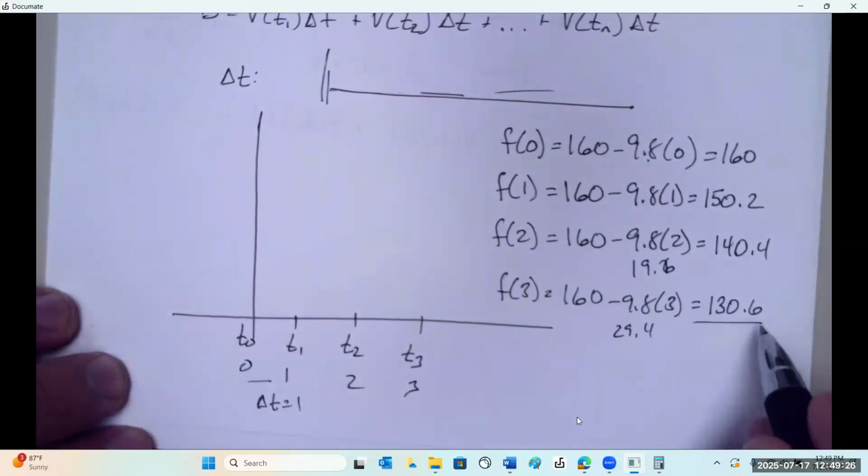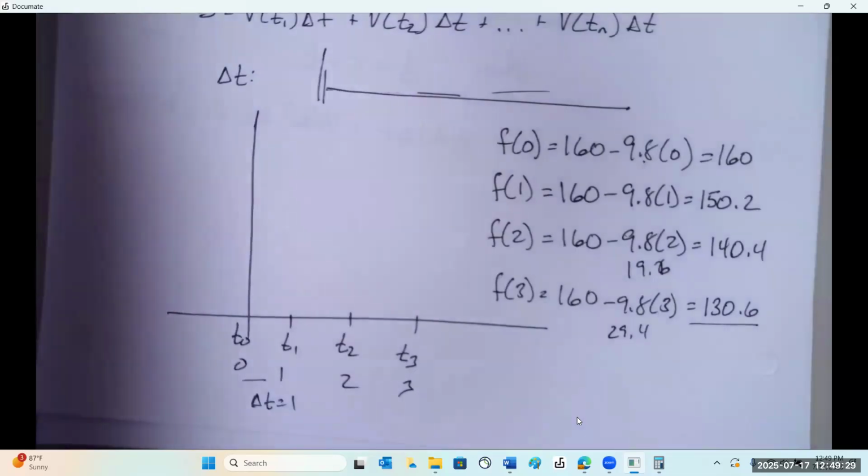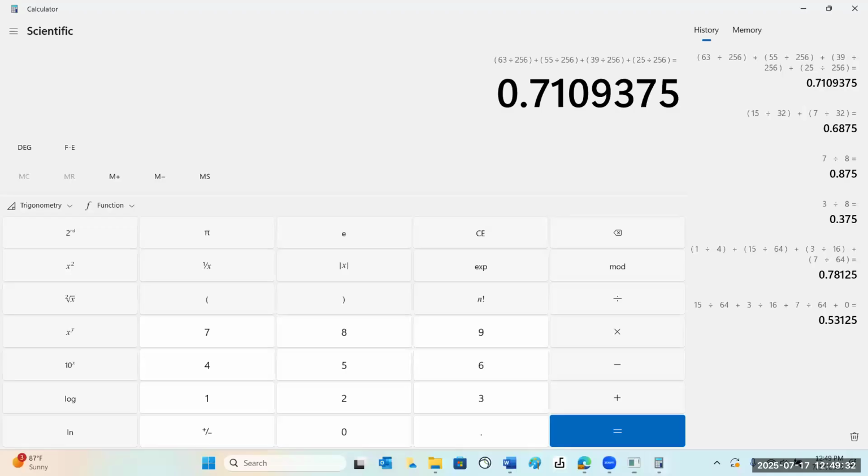So if we add up all of these, what do we get? 160 plus 150.2 plus 140.4, plus, we don't use the last one.